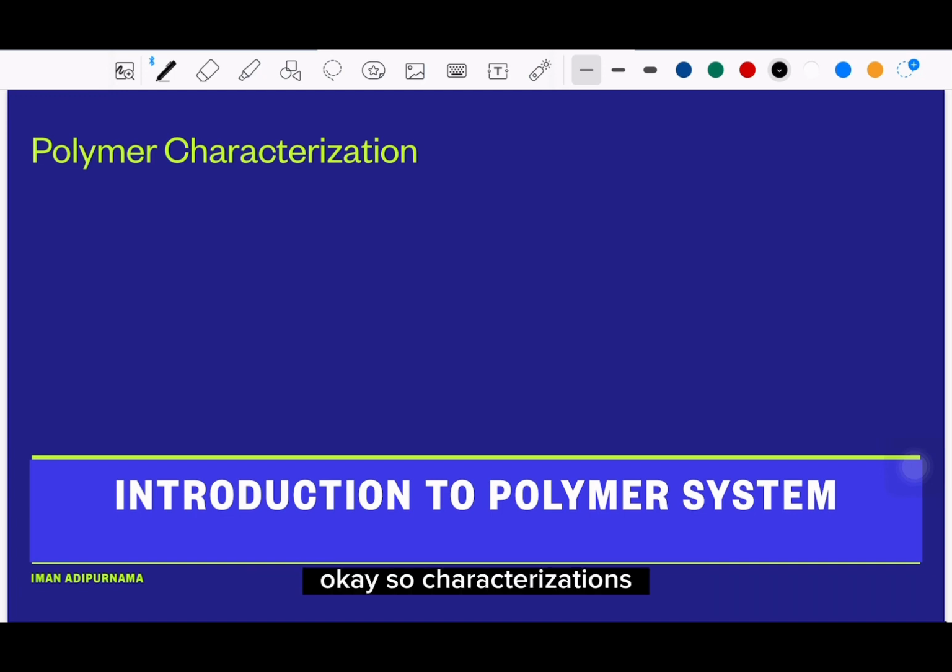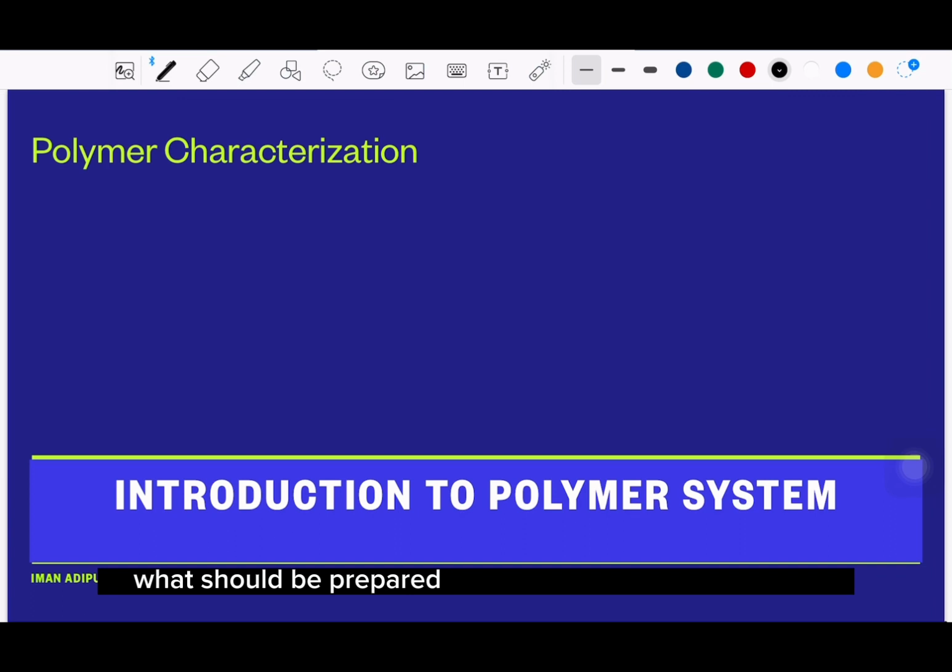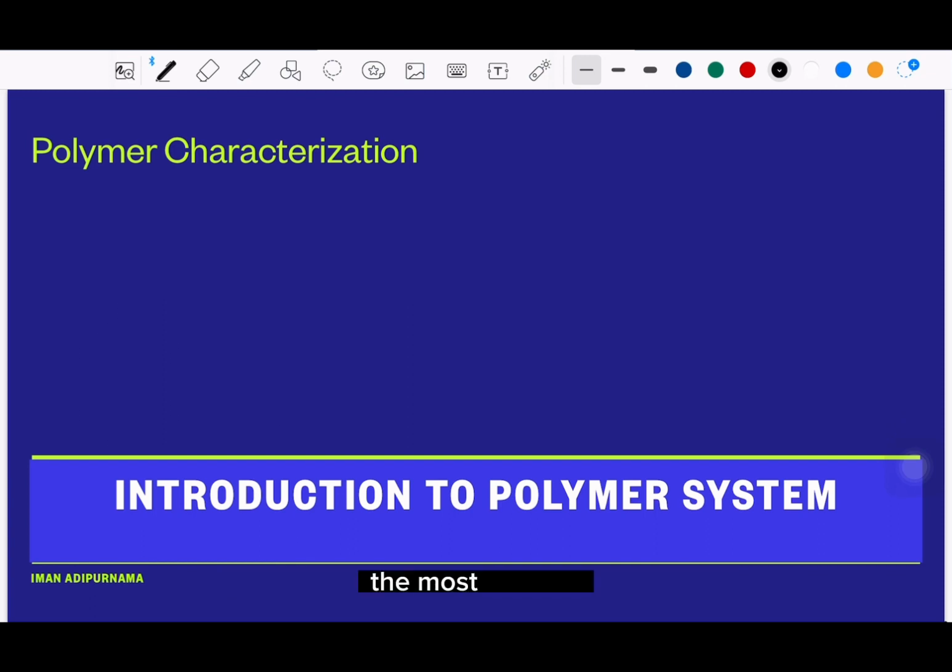So, characterization. When we characterize our polymers, what should be prepared is how to prepare the samples, right? How to prepare the polymer itself. So we need to understand the polymer behavior. Especially if you want to characterize, the most obvious way is to dissolve the polymer in some solution.